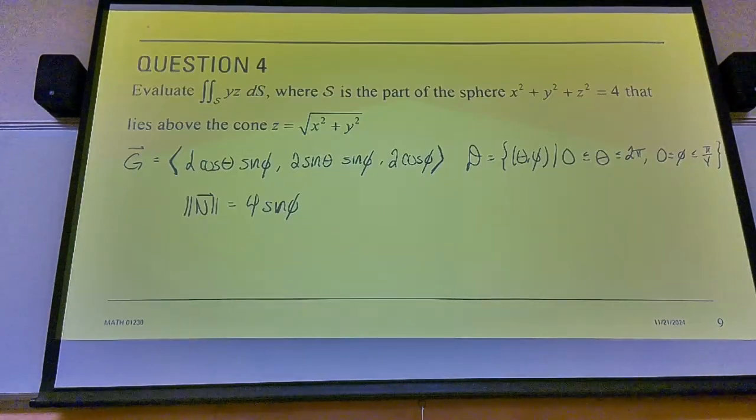Norm is 4 sine of phi. Radius squared times sine phi. So evaluate the integrand along G. What do you get?